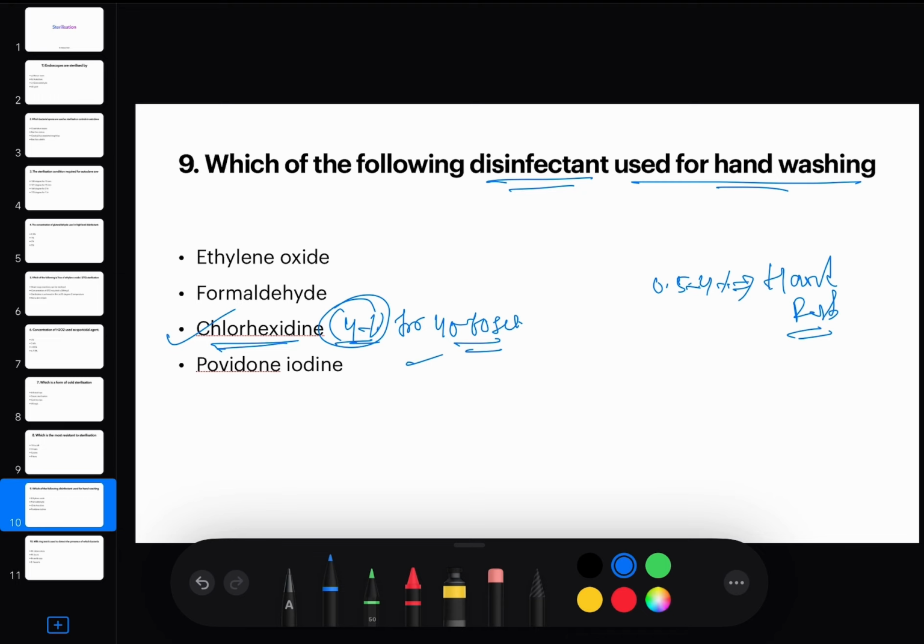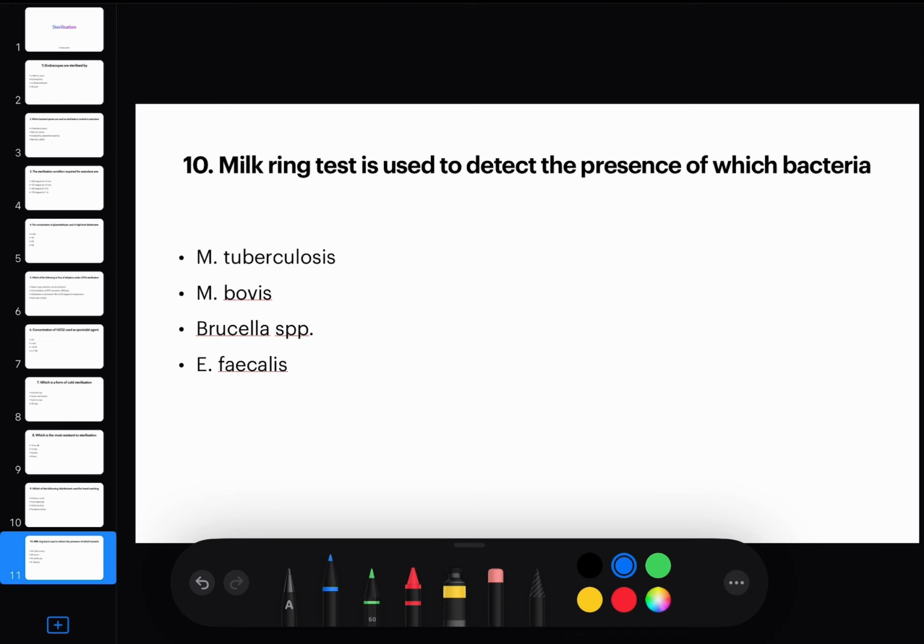Okay, then coming to the next and the last question, the milk ring test. Milk ring test is used to detect the presence of which bacteria? The answer is Brucella species. How is it done?